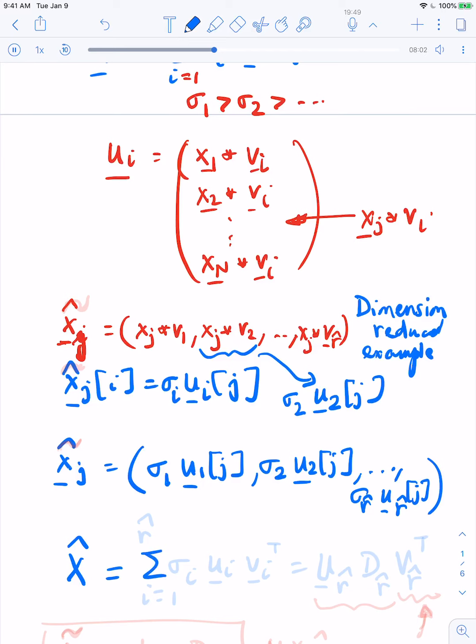So remember, I did this: the sum from i equals 1 to r hat of sigma i U i V i transpose.